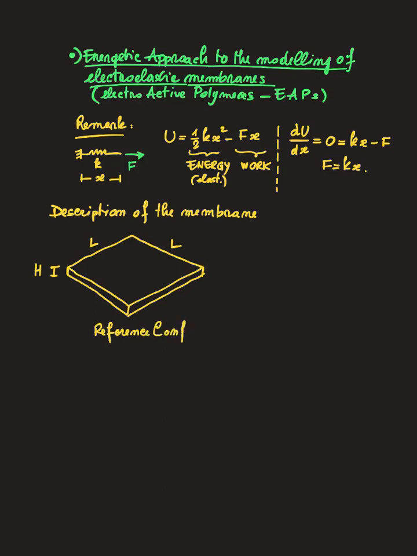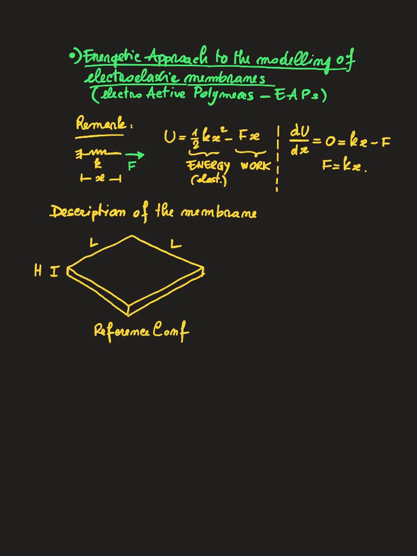Okay. Now what happens is when this membrane is being deformed, I can assume, for example, that the membrane is deforming equibiaxially. So what does equibiaxially mean? Intuitively, it means that this membrane during its deformation stretches in this direction and in this direction by exactly the same amount.